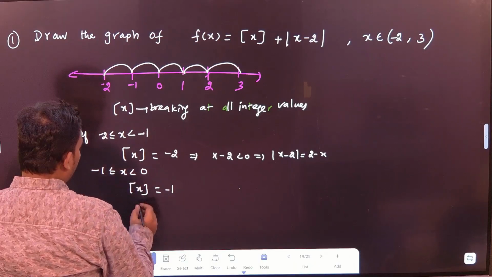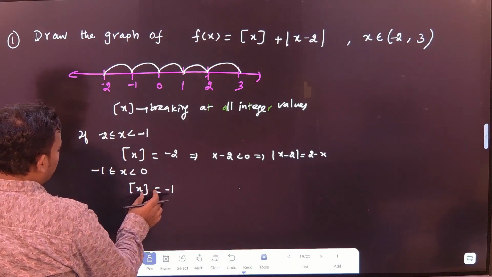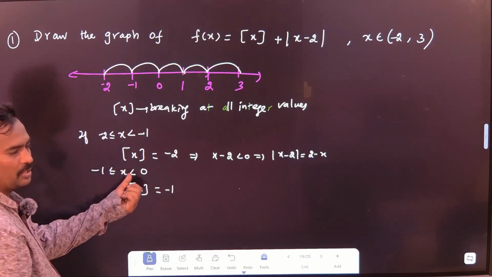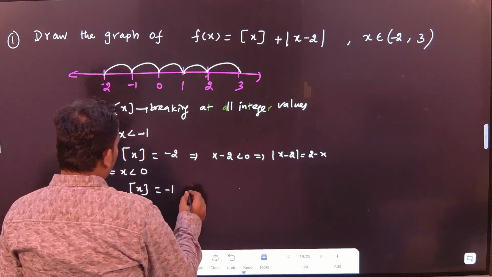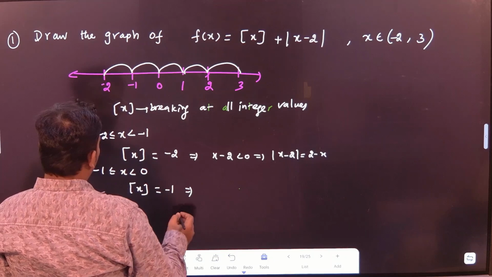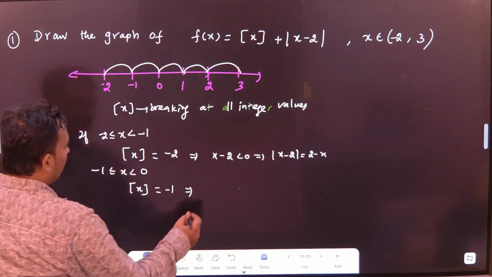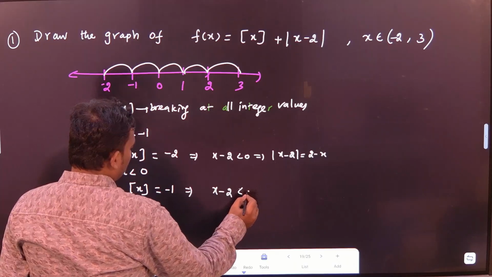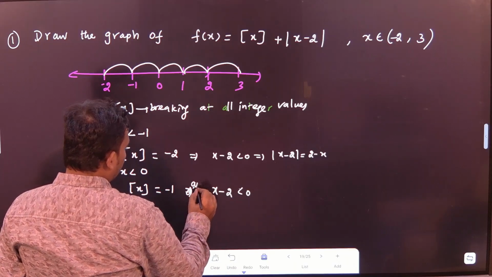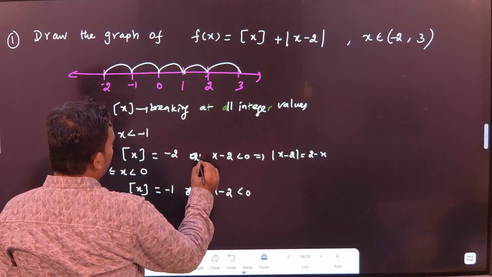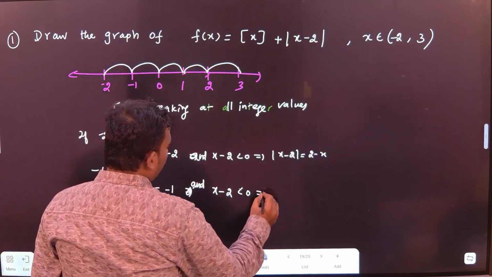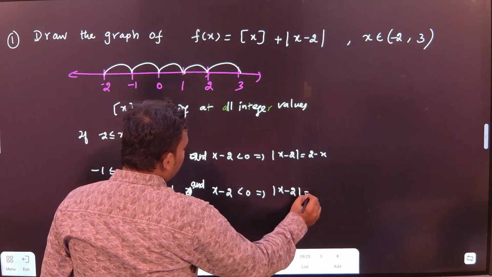So next you can see the greatest integer function is equal to -1 when x is -1 to 0. Okay, fine. So what about the x - 2? You can add -2. So definitely x - 2 is negative. So therefore mod x - 2, how to write? 2 minus x, right?